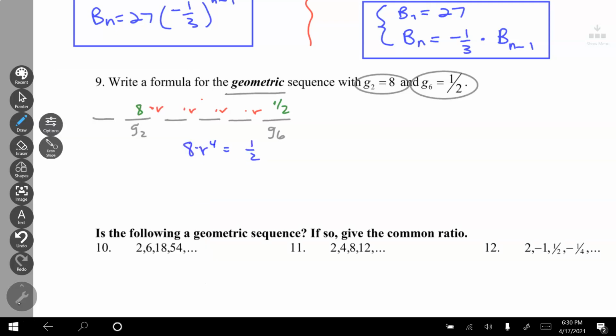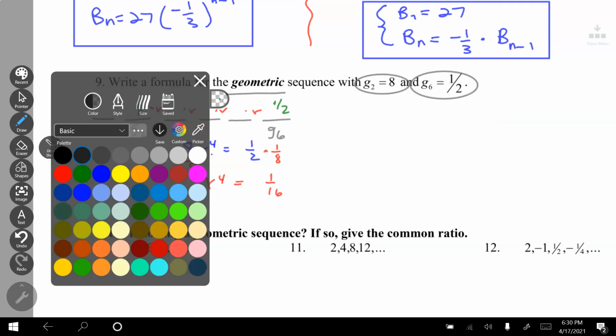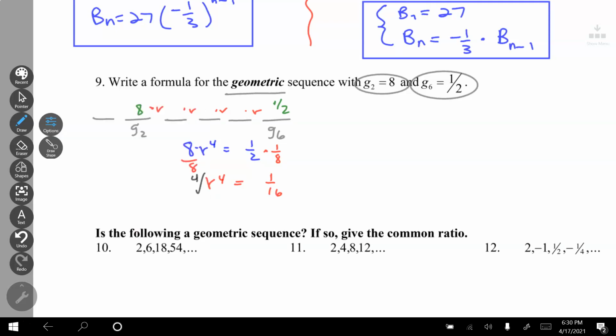I'm going to divide by 8, or multiply by 1/8. I get r to the fourth is equal to 1/16. I'm going to take the fourth root, and I get r is equal to 1/2. And now I could fill in the first term.